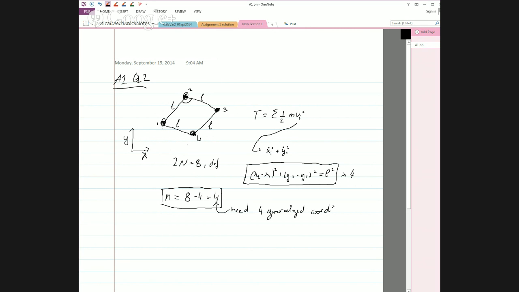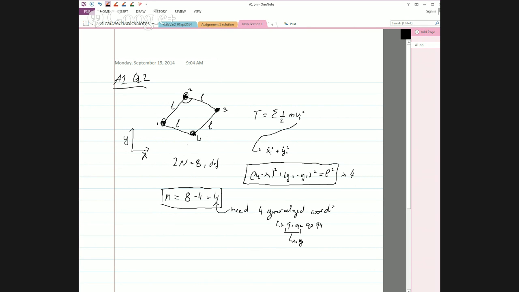But you could, for example, get 4 generalized coordinates, which will be q1, q2, q3, and q4. And the choice that I used was that q1 and q2 were x1 and y1. Sorry.